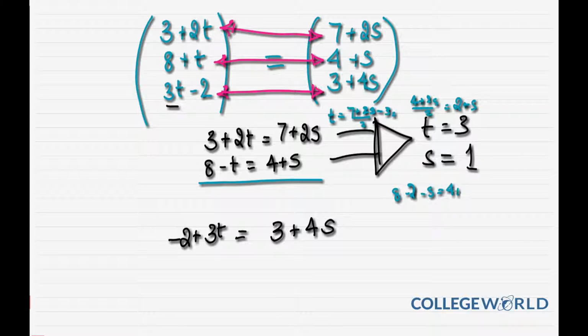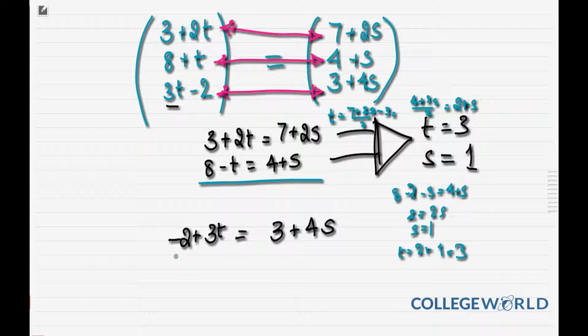So 8 minus 2 minus s is equal to 4 plus s. Here it's going to be 6 minus 4, which is 2, and this is going to be 2s, so s is equal to 1. If you want to replace it in our t, t equals 2 plus 1, which equals 3.